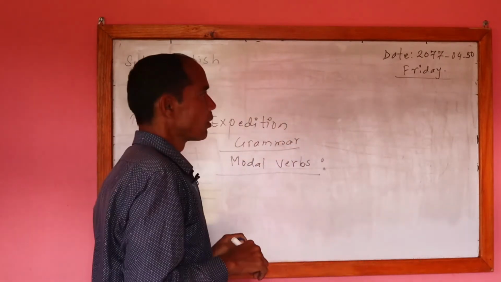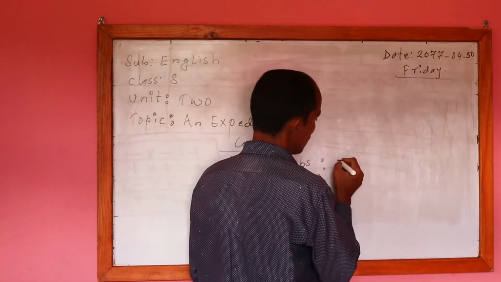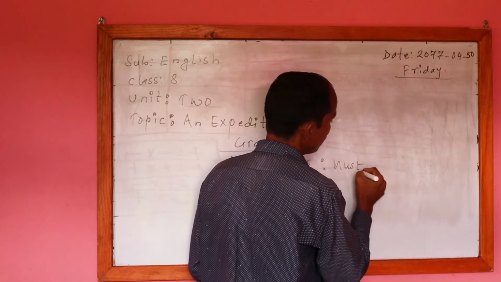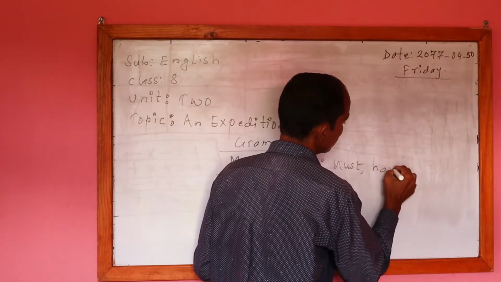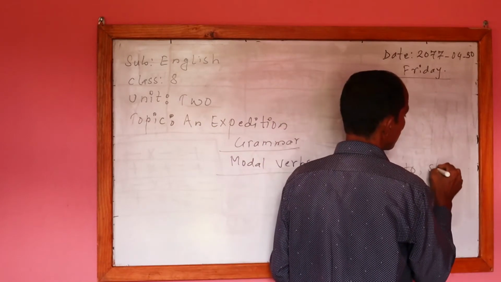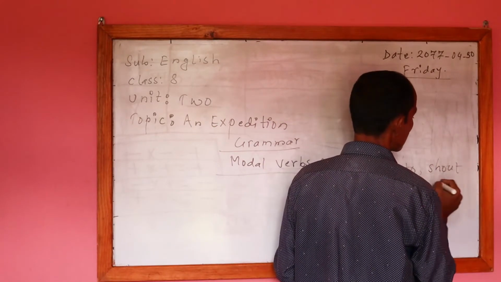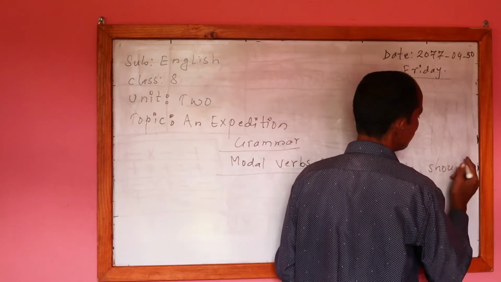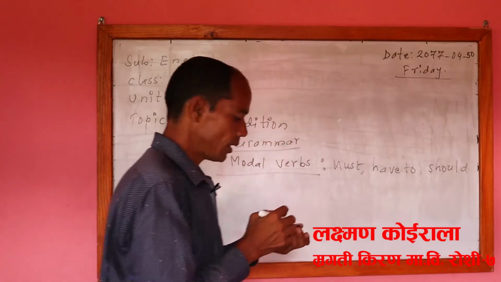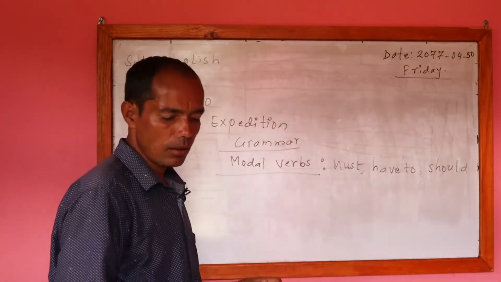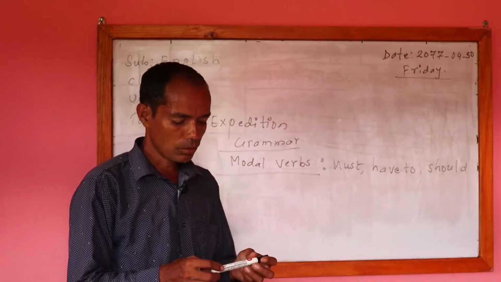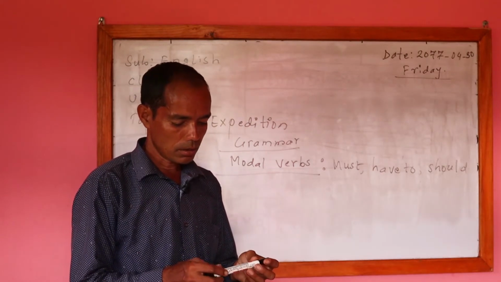Do you know what modal verbs are? Modal verbs are must, have to, and should or ought to. They are modal verbs, and we have already studied how we can use them.